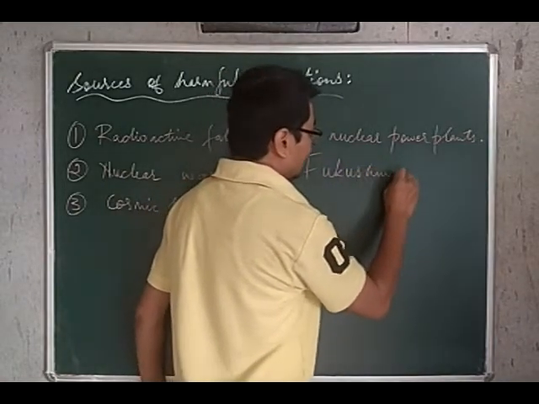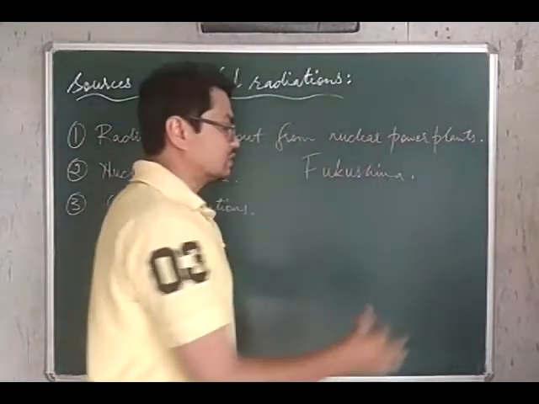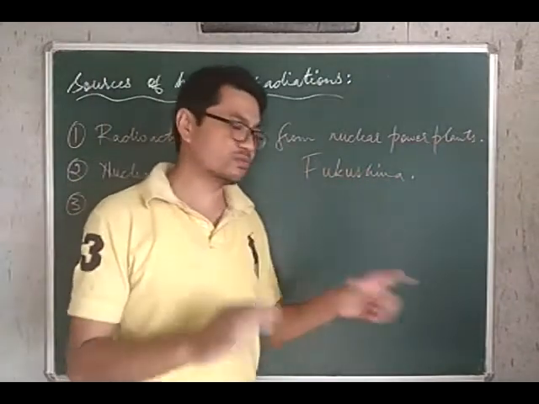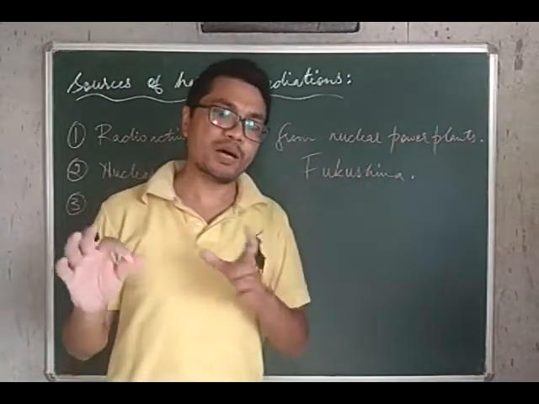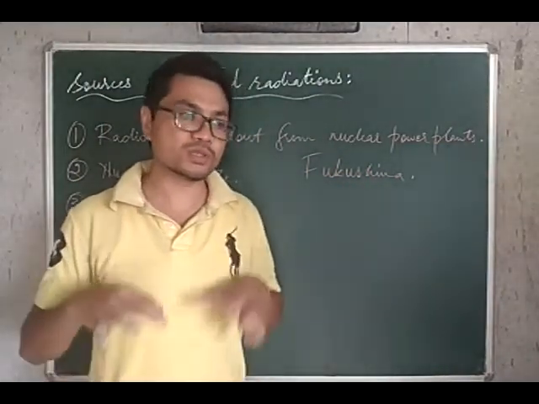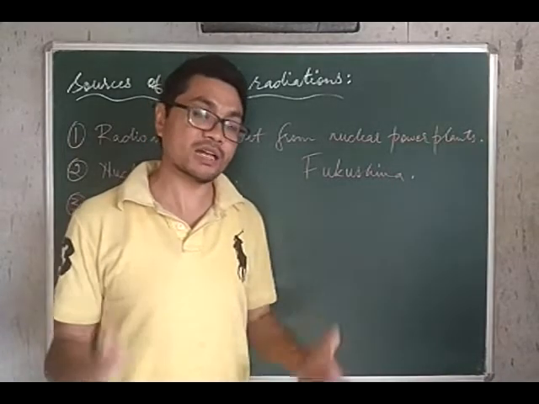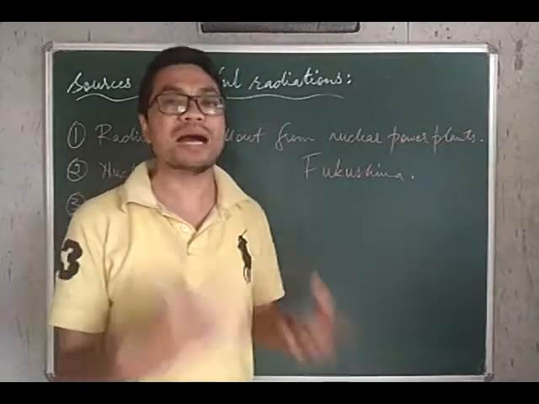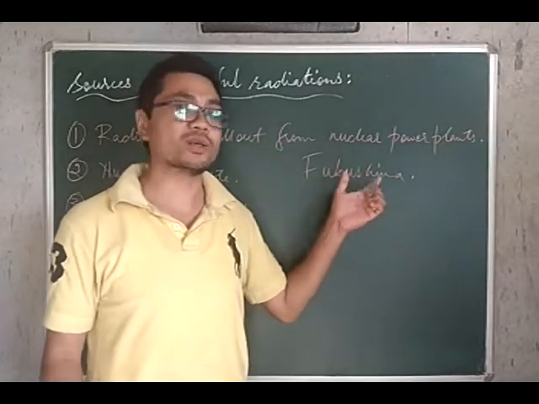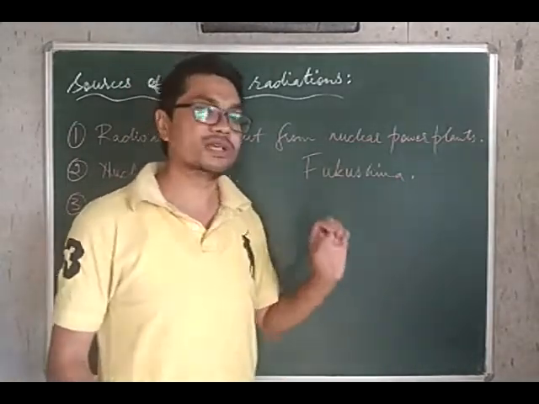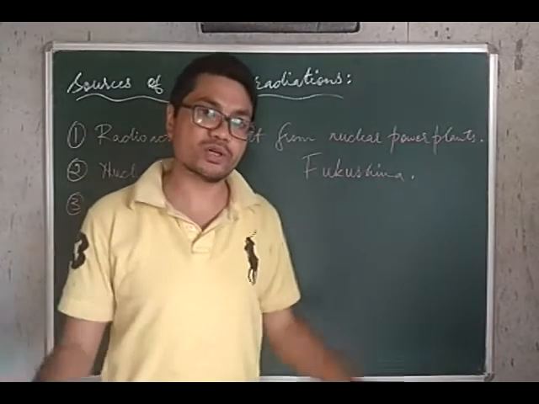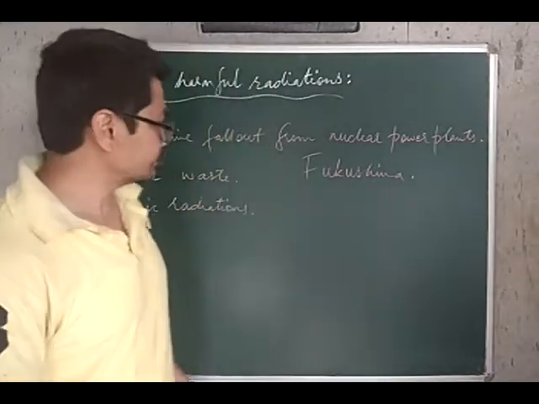Because of the earthquake, some parts of the Fukushima power plant got damaged, and because of that, radioactive radiations, that is alpha, beta, gamma radiations, started getting emitted out of the nuclear power plant, which of course was dangerous.